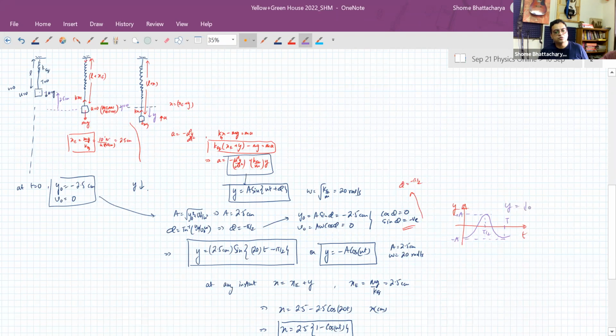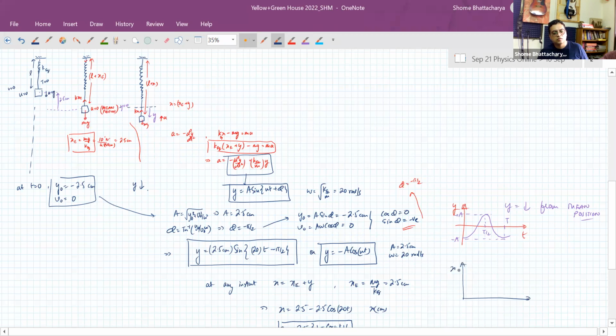So y is the downward displacement from the mean position, and correspondingly x, the extension of the spring, would look like this.